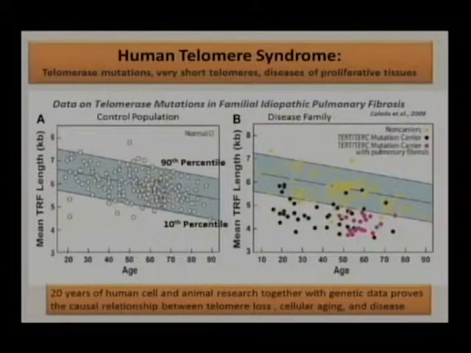I'm going to skip over describing this slide. It's just more data that highlights what's now known as telomeropathies, or telomere disease or telomere syndrome, where individuals who are born with some of these mutations in telomerase are born with shorter telomeres even at birth, and have a significantly higher rate of things like pulmonary fibrosis, bone marrow failure, liver cirrhosis, and skin disorders.